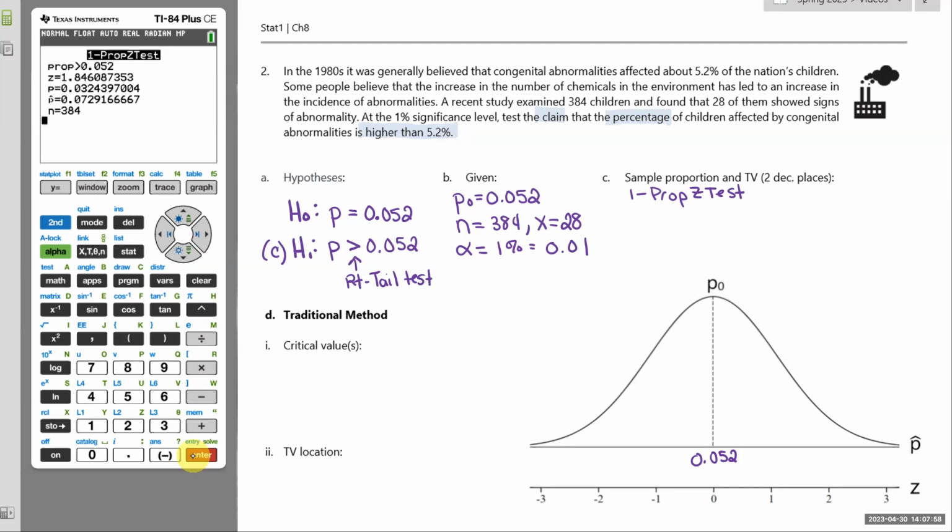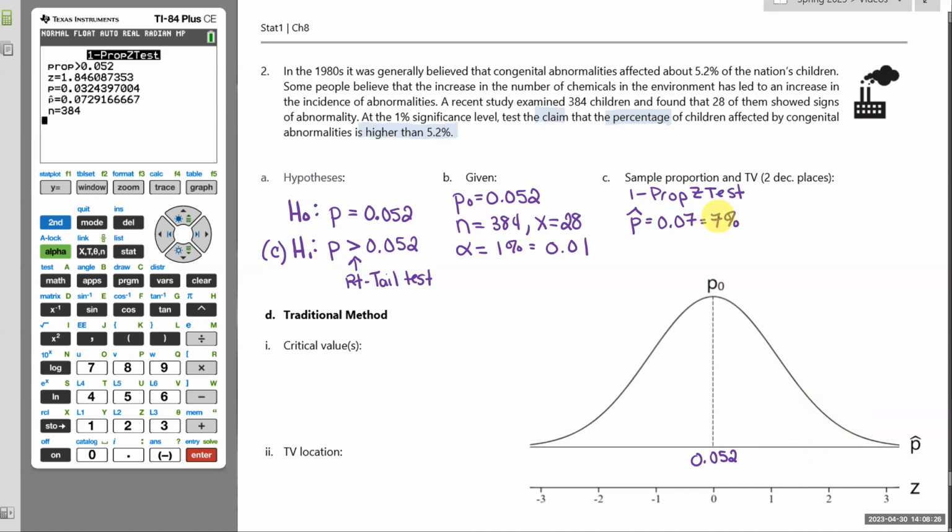All right, I can see my p hat there. I will just do 2 decimal places just to record that and get our visual going. So p hat, 0.07. As a percent, that would be 7%. In the 1980s, it was 5.2%, and 7% is higher.